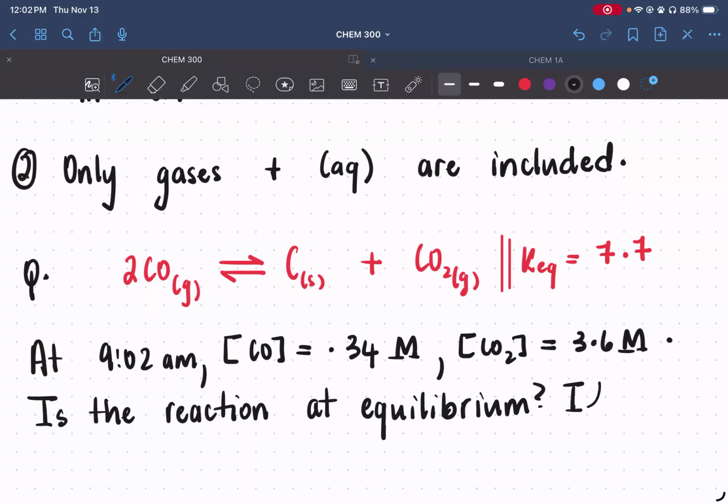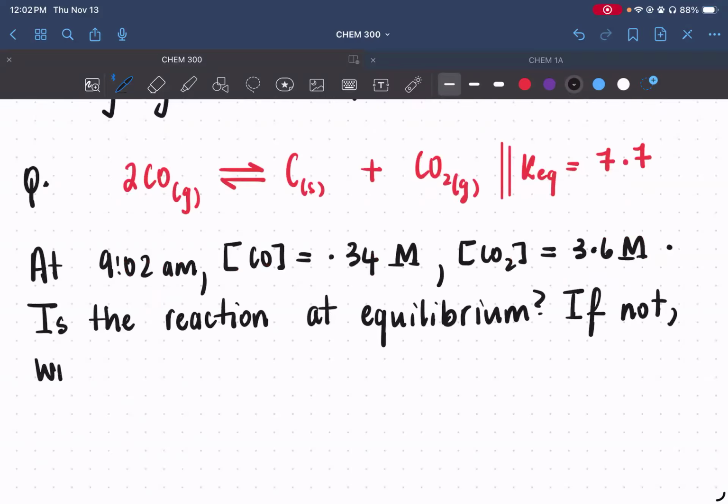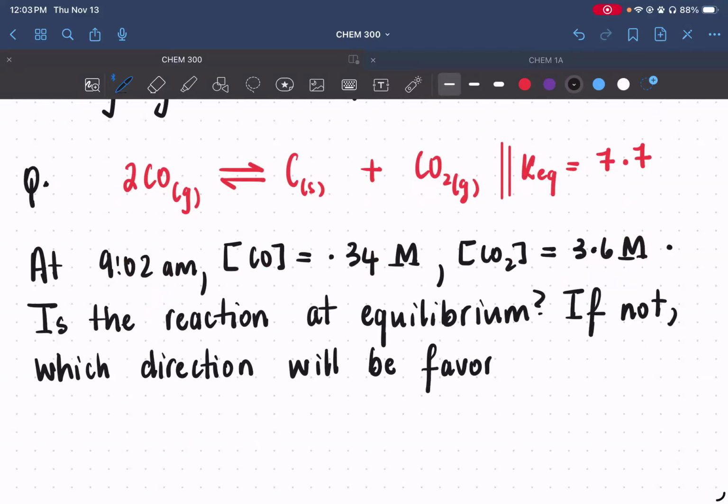And if not, which direction will be favored to establish equilibrium?